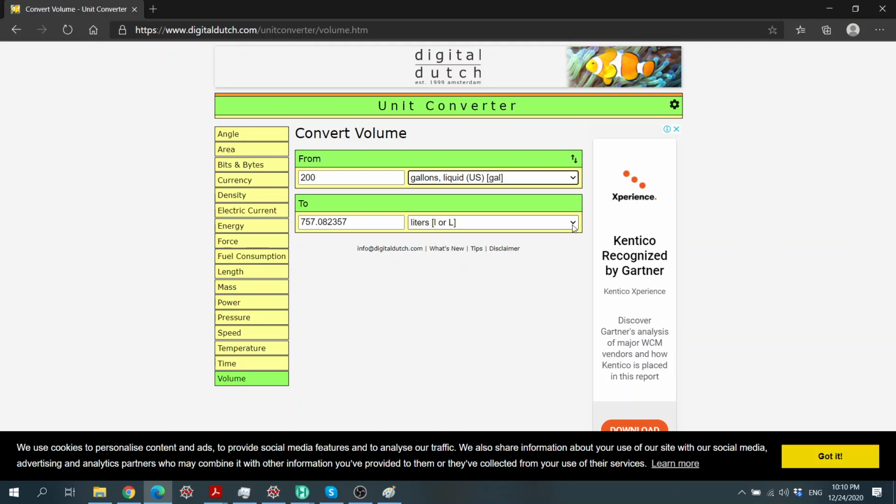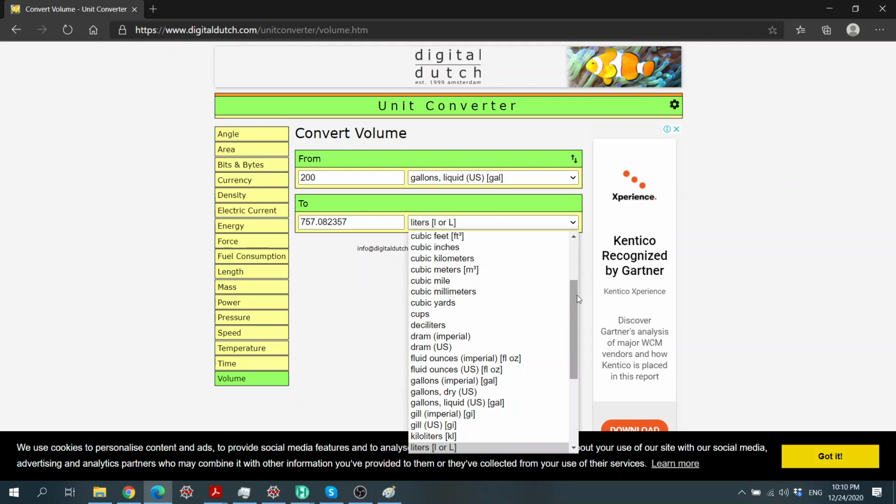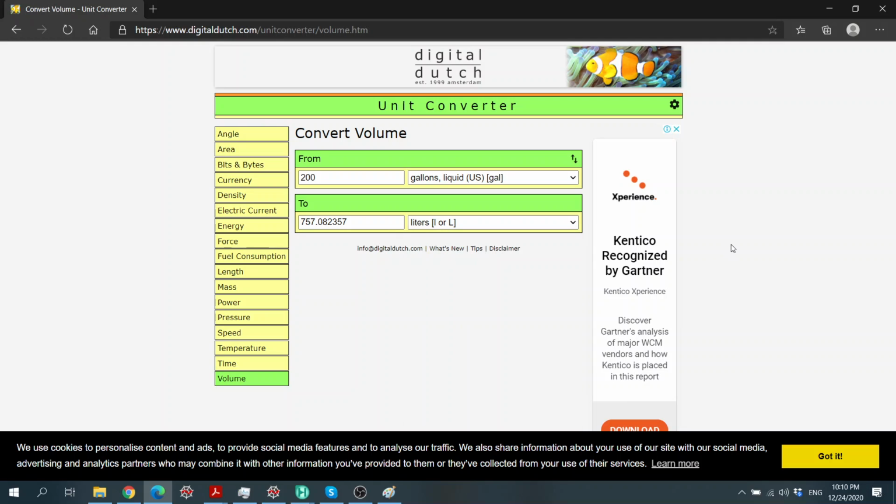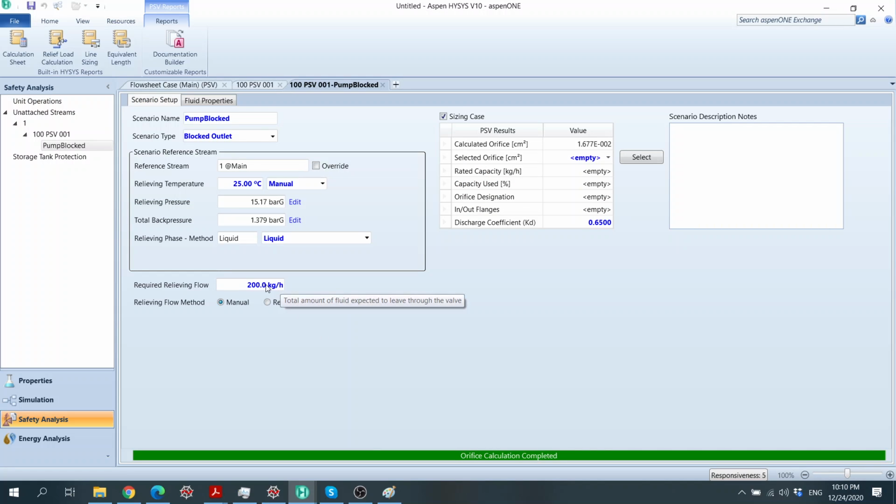It's in liters because it's water. We know water is roughly 1 kilogram per liter. So 200 gallons is 757 liters, which means 757 kilograms as well. So we go back here, 757 kilograms an hour.